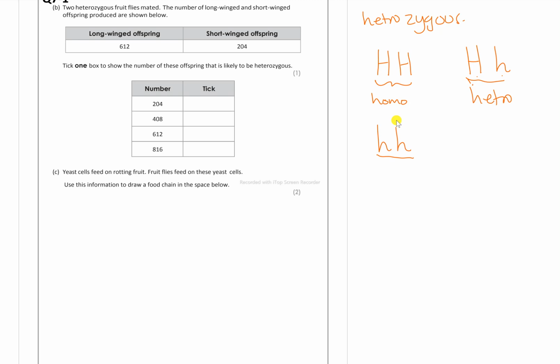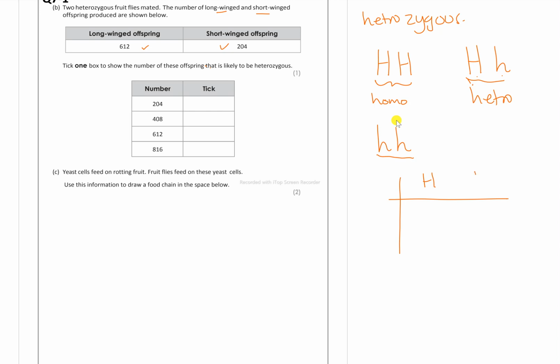So they're saying you've got 2 heterozygous fruit flies mated. The number of long-winged and short-winged offspring produced are shown below. So you can see that there's 3 times as much. So this is what they're trying to say.